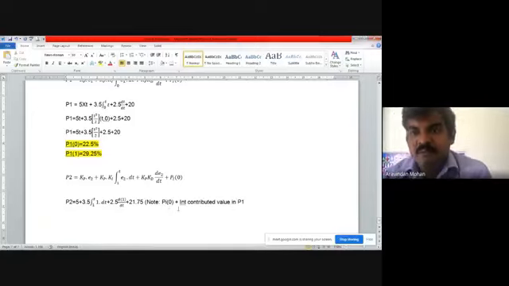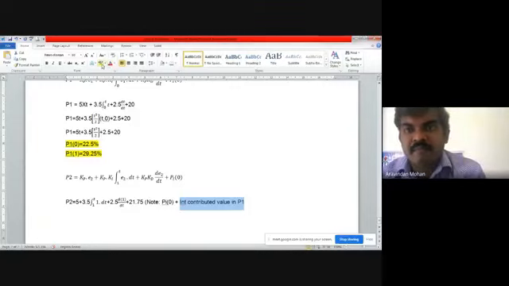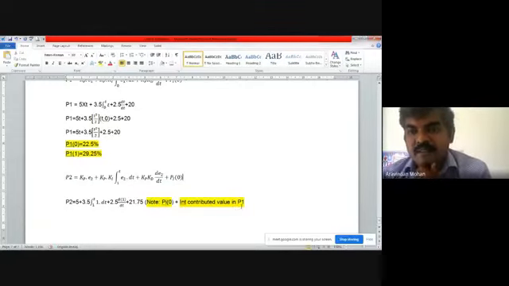So Pi of 0 plus integral contributed value, where the integral contributed value is 1.75 and this is 20. So here it has to be written as 21.75.